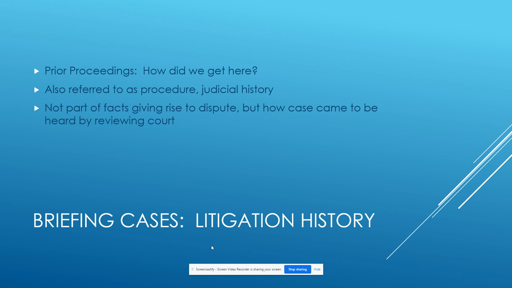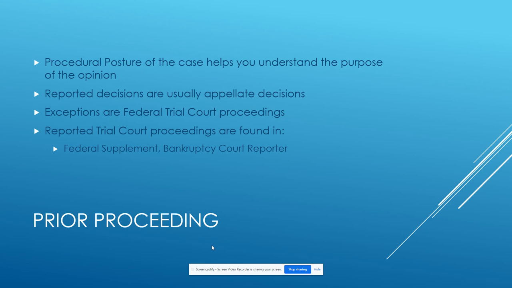Then maybe we talk about litigation history. Sometimes I call it procedural posture, or procedure. How did we get here? It's not really how we got to the courthouse in the first place, but what happened in the courthouse, what legal mistake made it go up on appeal.